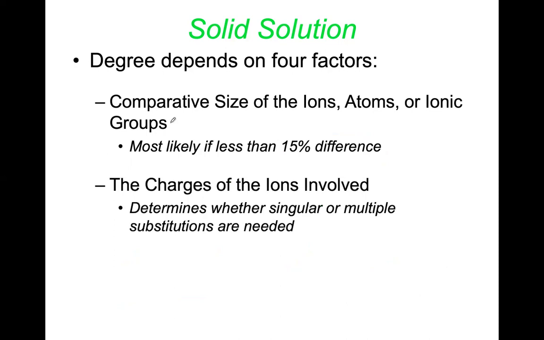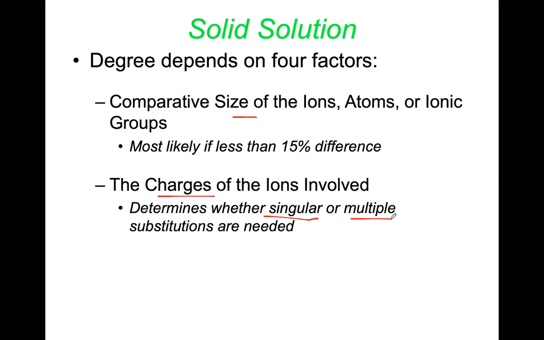And also the amount of the solid solution, or the degree of solid solution, depends on several factors, like the size, charge of the ions involved, right? Because it has to decide whether just one solid replacement is enough or multiple replacements are necessary, to make sure the charge is balanced.